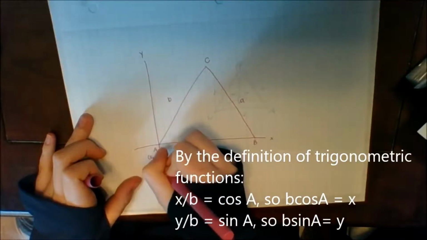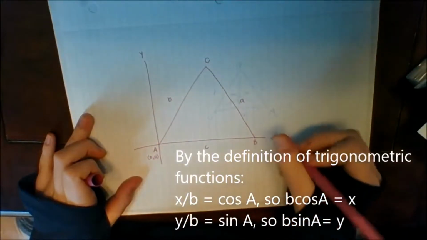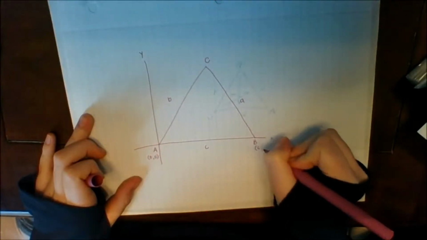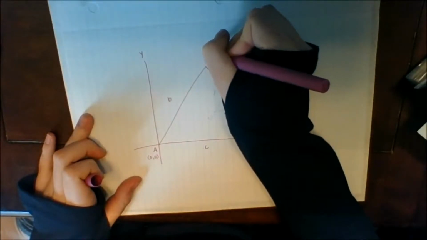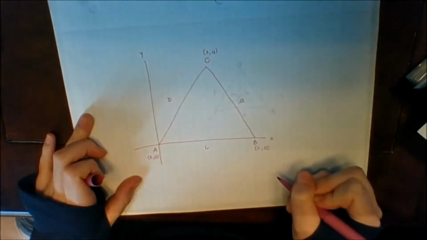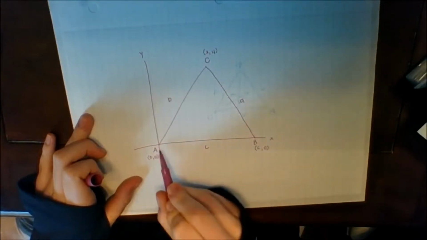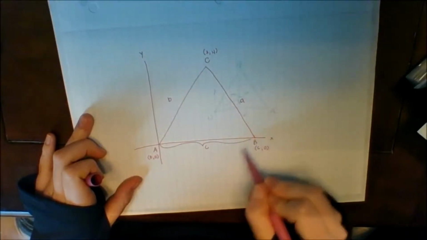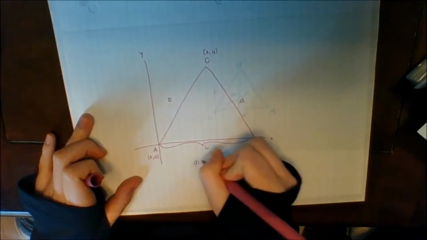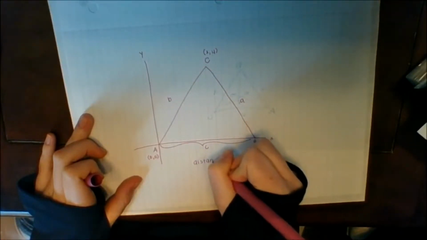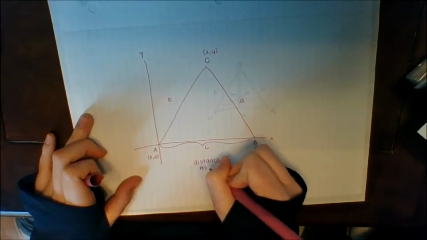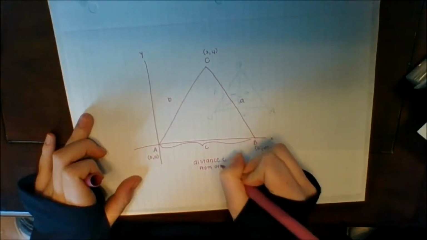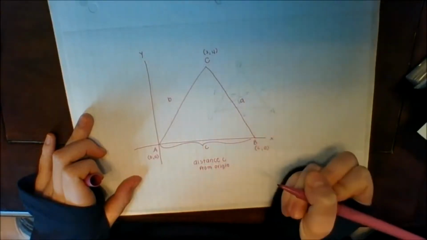To review, point A is located at (0, 0), point B is located at (c, 0), and point C is located at (x, y). If we look at the coordinate plane, we can see that point C is at distance b from the origin. In order to obtain the value of a, we can use the distance formula.